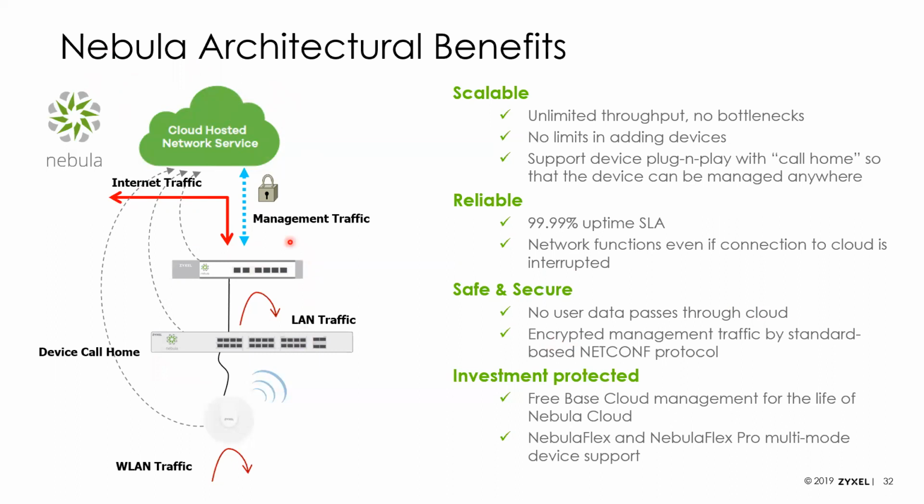Traffic that's for the LAN stays on the LAN. Traffic going out to the internet goes directly out to the internet. It does not get pushed through our cloud first. So there's no concerns there when it comes to privacy and things like that. We are an international company, so we are GDPR compliant and compliant with just about every country's privacy and security requirements.